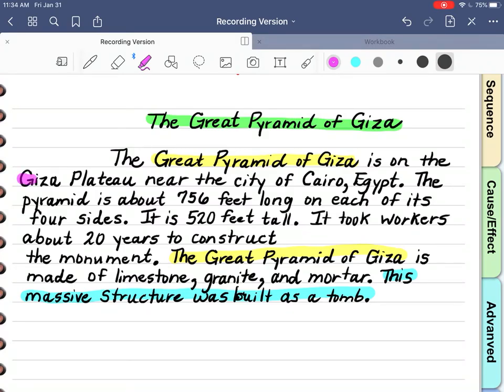It is on the Giza Plateau in Cairo, Egypt. It is 756 feet long and 520 feet tall. It took 20 years to construct the monument, and it's made of limestone, granite, and mortar. So those are all details about this massive structure.